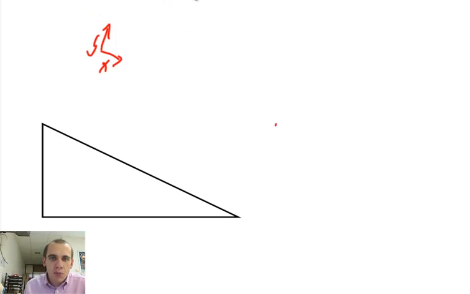So let me draw my cart again, and I'm going to draw exactly the same forces: the normal force, the force due to gravity, and friction. But now I have these things in a direction instead of in multiple directions.